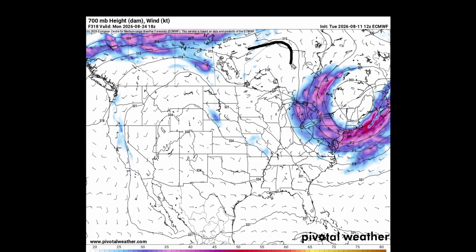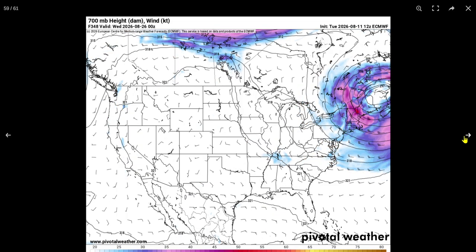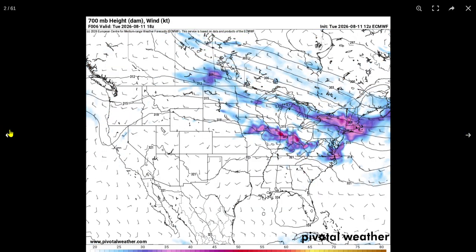And look, we can see some really, really intense, probably a good little cool down here for these areas. Probably going to experience some cooler weather around the 24th as we see that moving through.